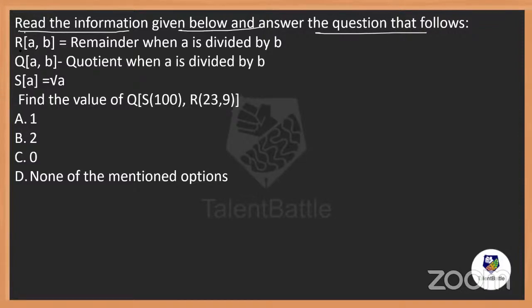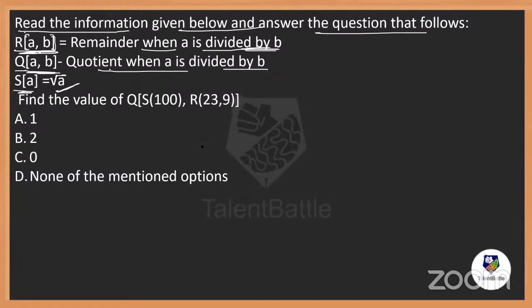If it is R of A comma B, you need to consider it as the remainder when A is divided by B. If it is Q of A and B, you need to consider the quotient when A is divided by B. And if it is S, you need to take it as the root of A. These are the instructions they have clearly given.